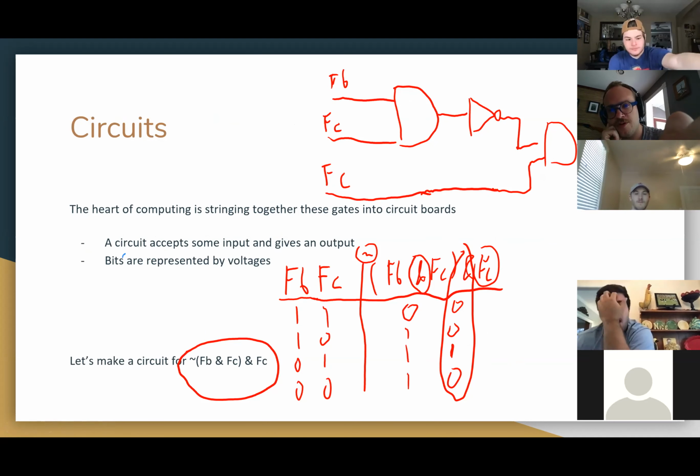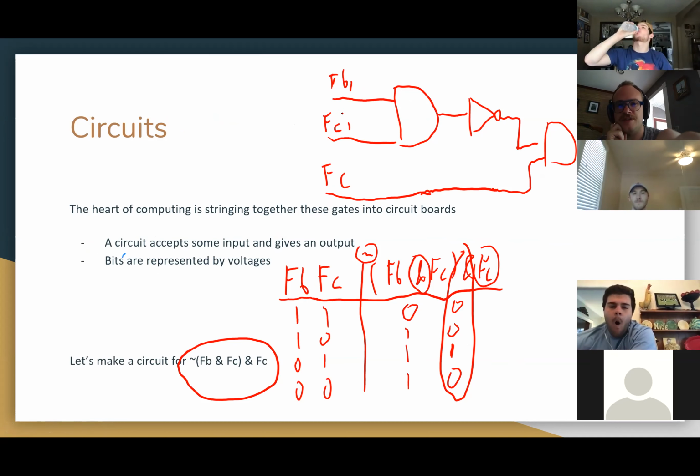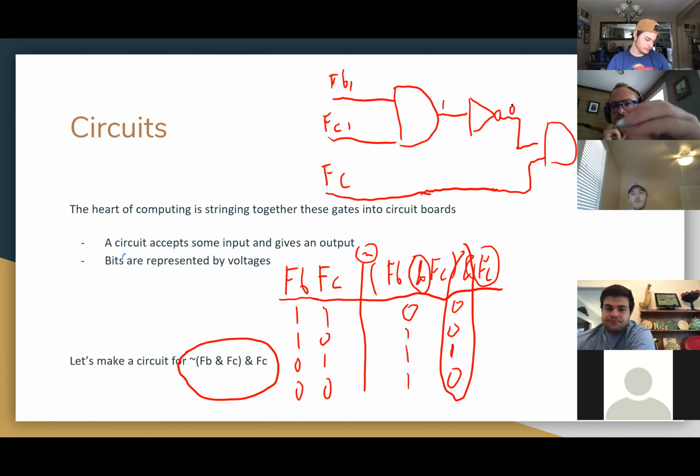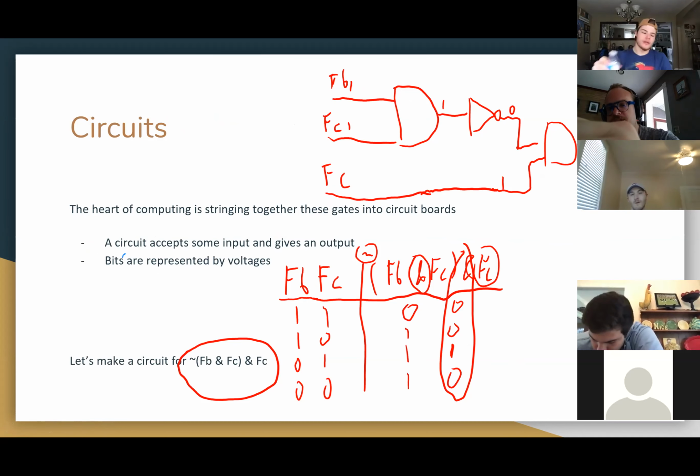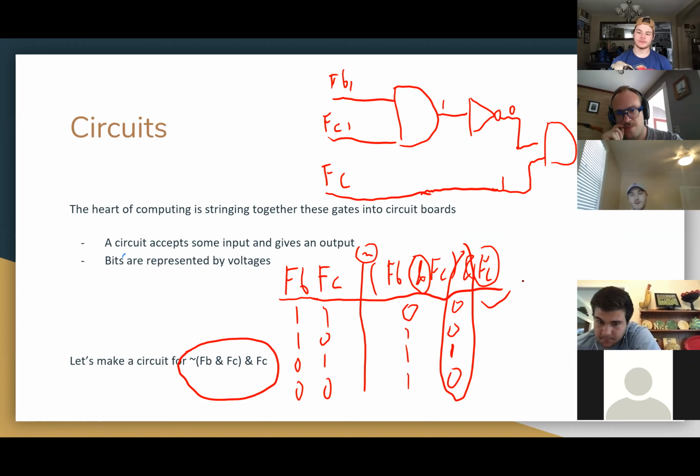So when both values are 1 going into this AND gate, the output is 1, which turns into a 0. And then FC is a 1, a 0 and a 1 going into the AND gate outputs a 0. So that checks off the first line. So all the inputs are 1.